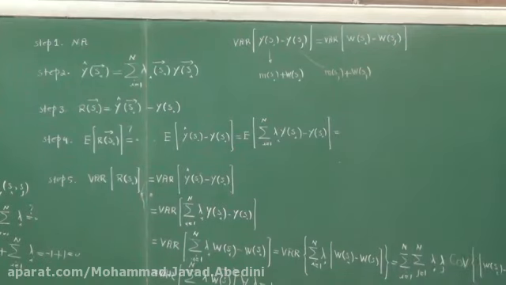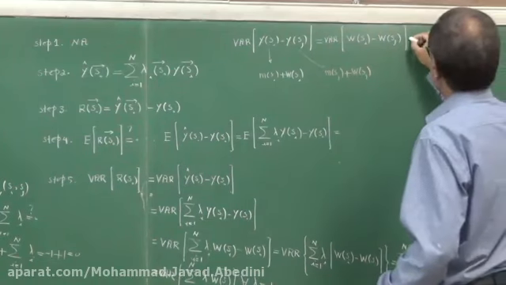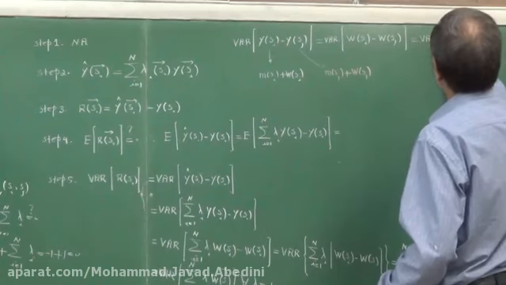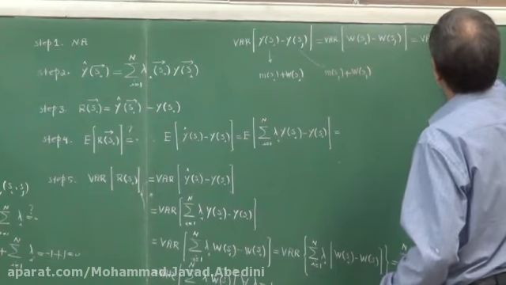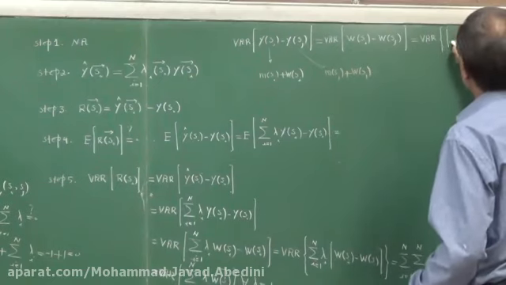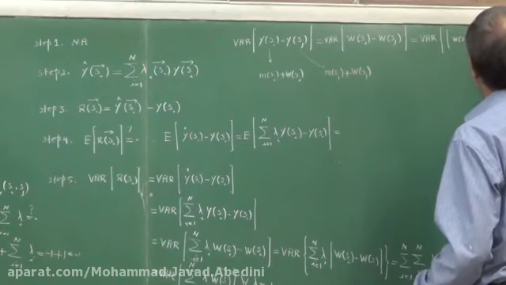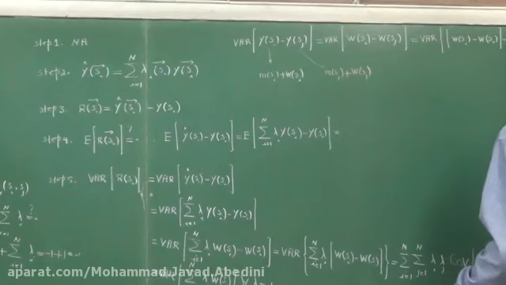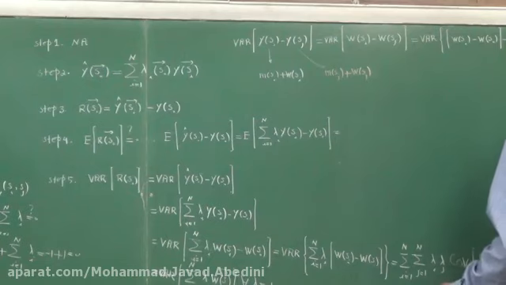Now, what I'm going to do is to write this as W at Si minus W at S0, minus W at Sj minus W at S0.